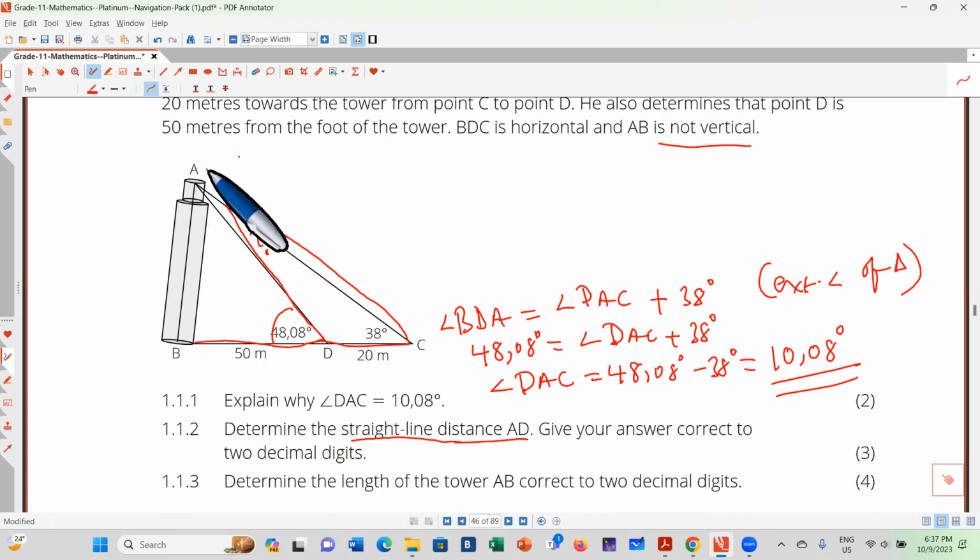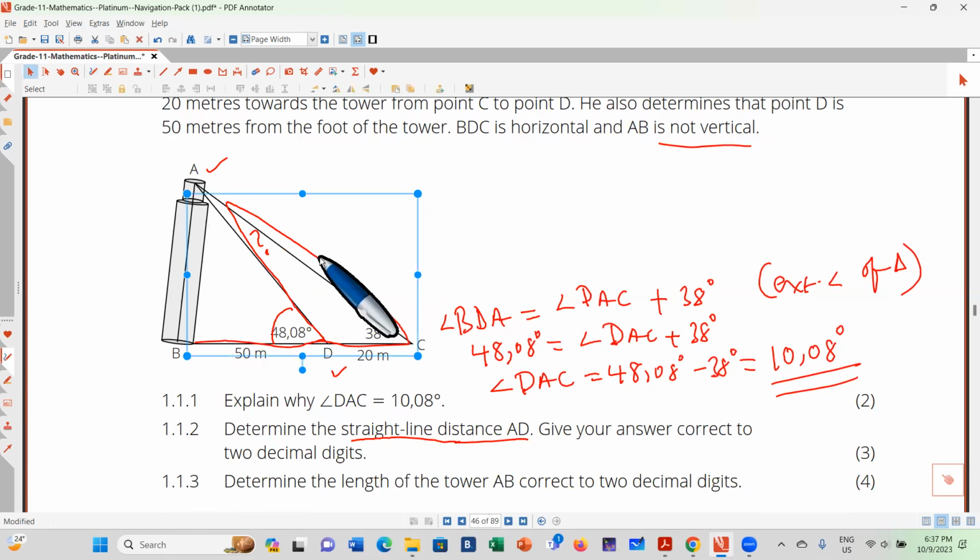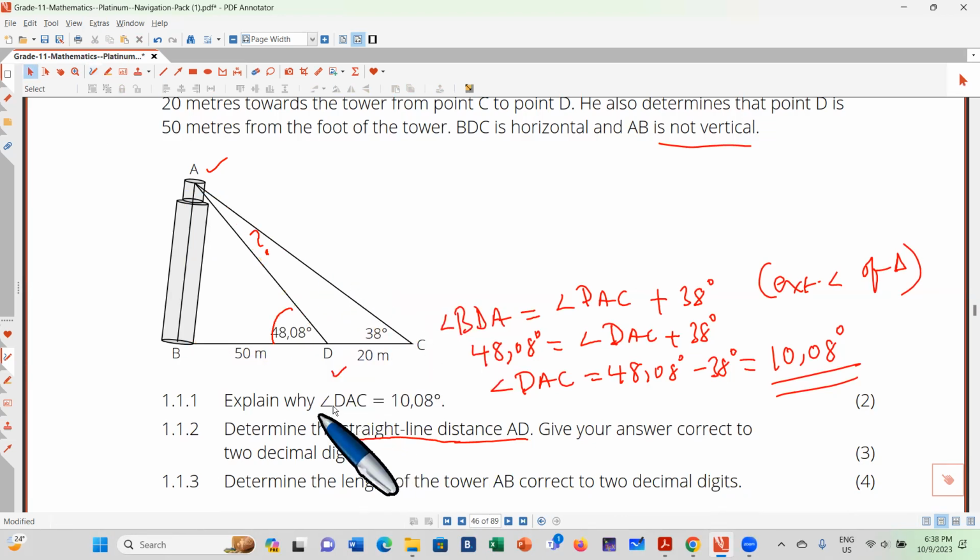Right, A is here and D is there. Are you able to see that? If you can't see, please do not hesitate to let me know, say, I cannot see, and I'll then be aware and I can do something about it.